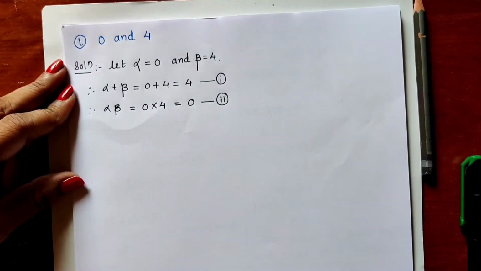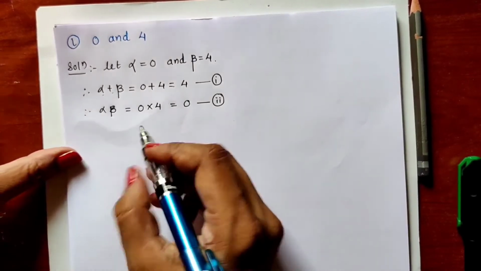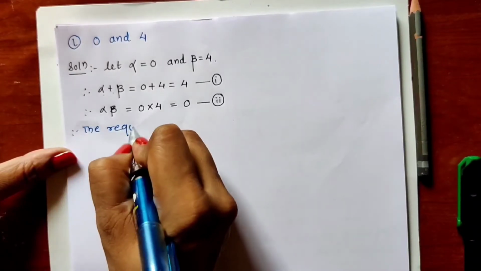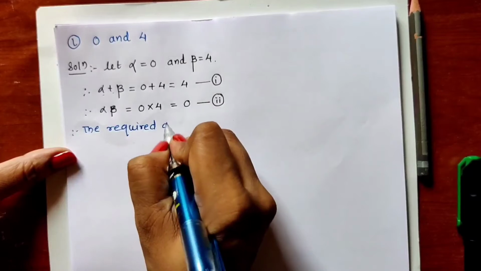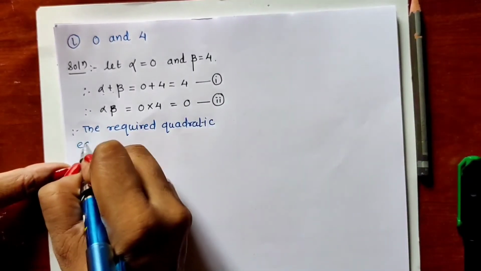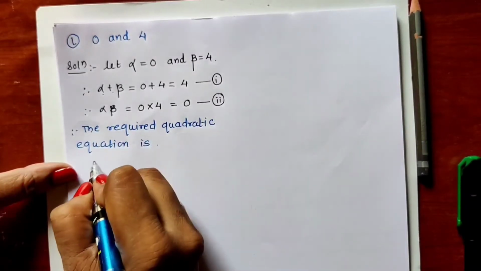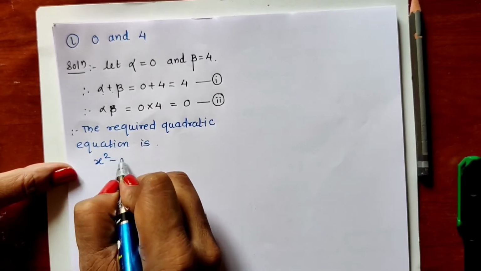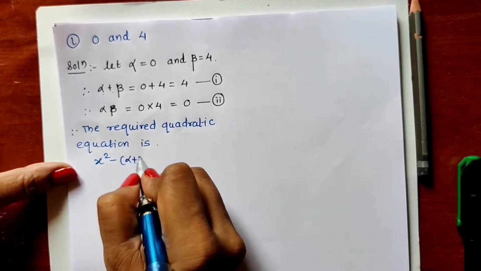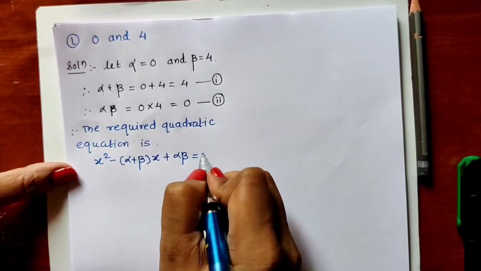This will be second. So after getting the values of alpha plus beta and alpha into beta, we have to write the required equation. Therefore, the required quadratic equation is, what is that required quadratic equation? X square minus alpha plus beta into x plus alpha into beta is equal to 0.